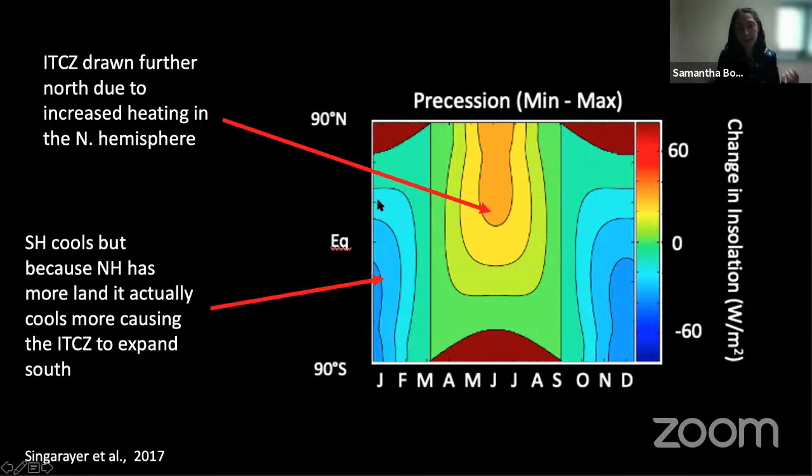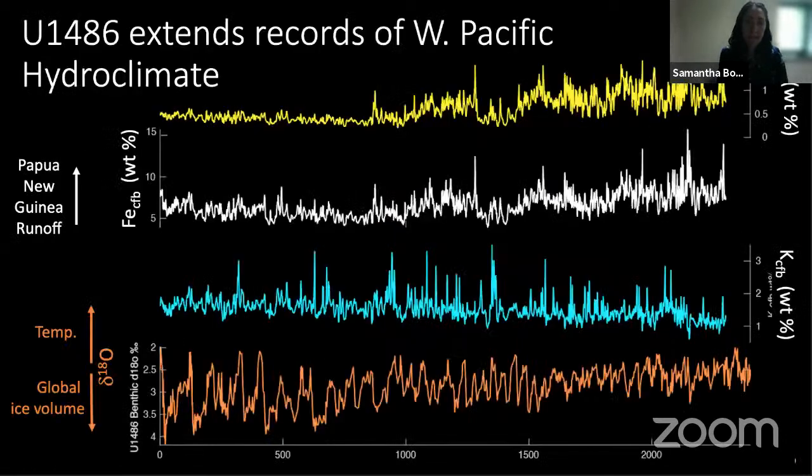And even though the magnitude is less in the northern hemisphere, because you have more land masses, this causes the northern hemisphere still to cool more than the southern hemisphere, allowing the ITCZ to move further into the southern hemisphere. And so then you have the ITCZ moving further north in boreal summer, further south in austral summer, and this leads to a mean expansion in the ITCZ at precession minimum, and vice versa at maximum.